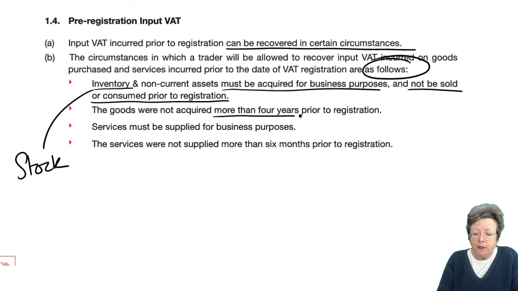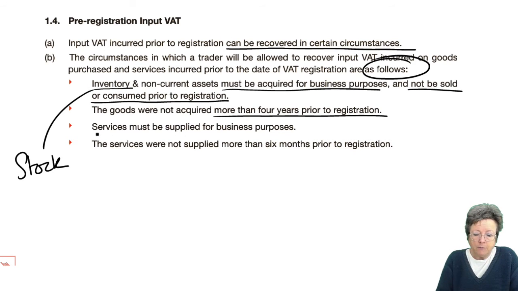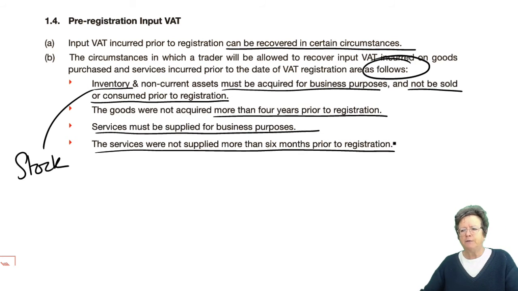No more than 4 years prior, but that's a long time, isn't it? Services must be for business purposes, and the services were not supplied more than 6 months prior to registration. Just a bit of information there, it's something that you are unlikely to come across in any exam question.